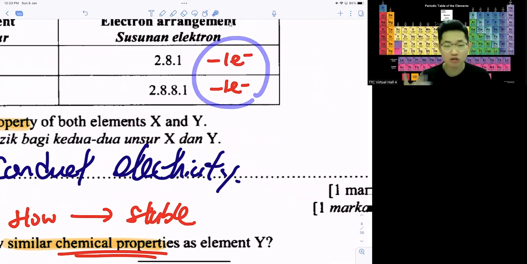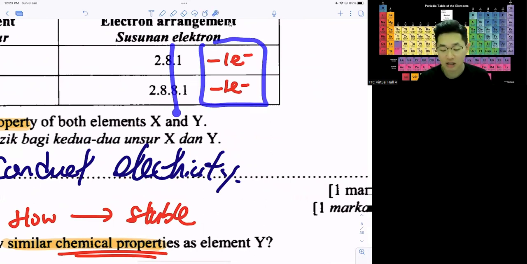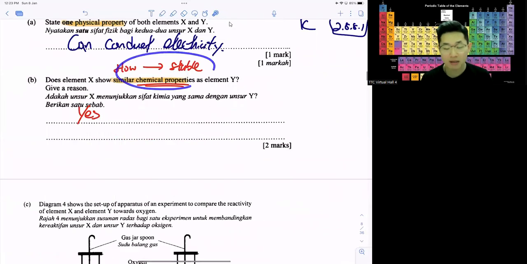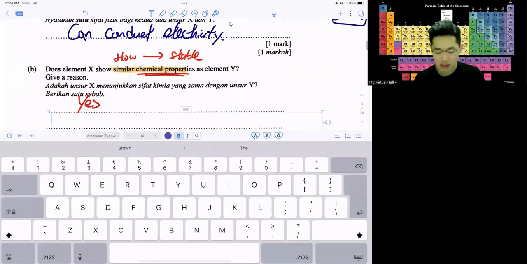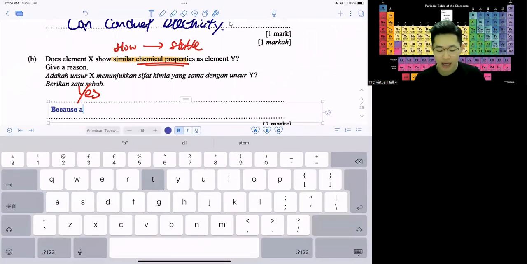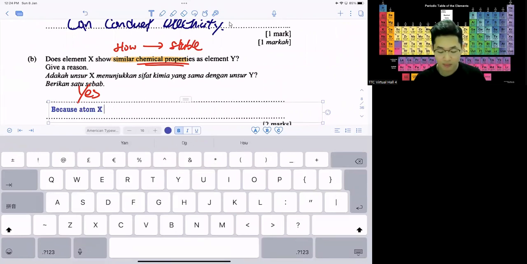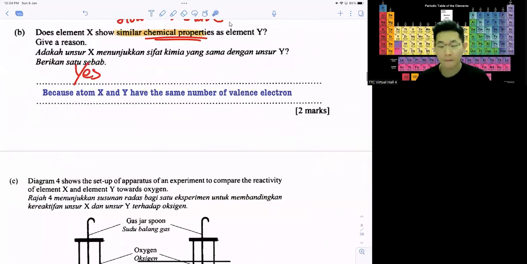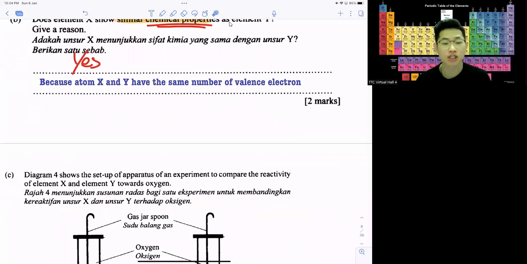How do you decide? You look at the last number. So when you give an explanation on how to become stable, the chemical properties, it is because atoms X and Y have the same number of valence electrons.